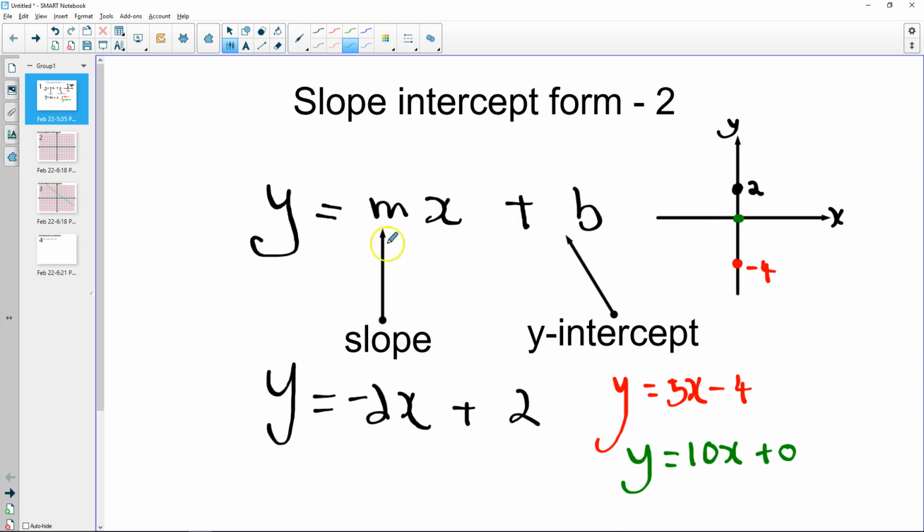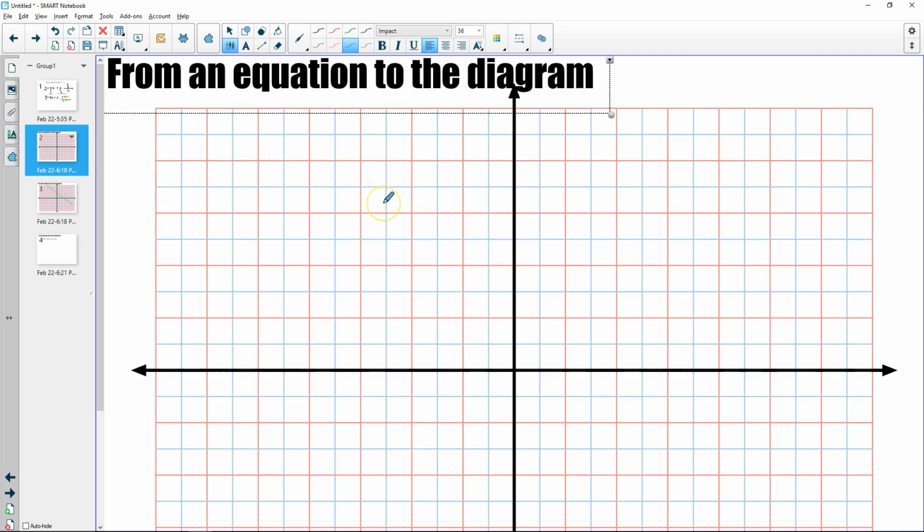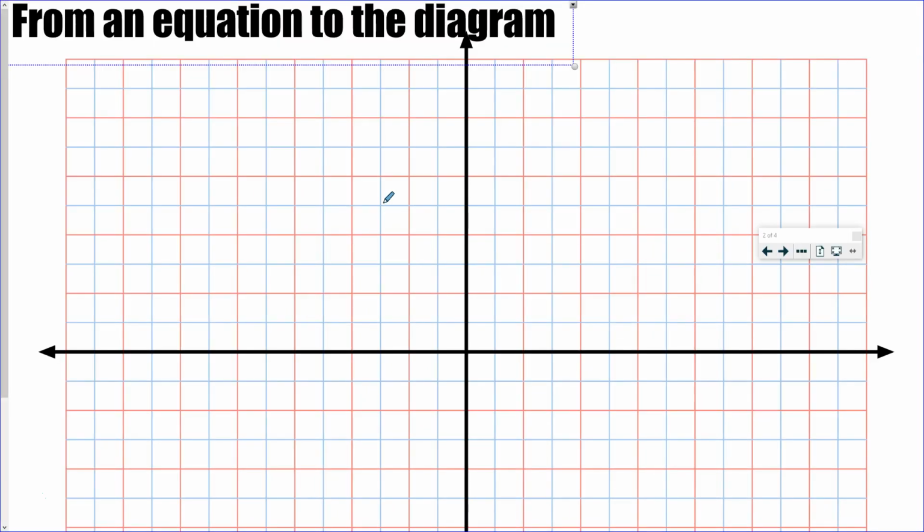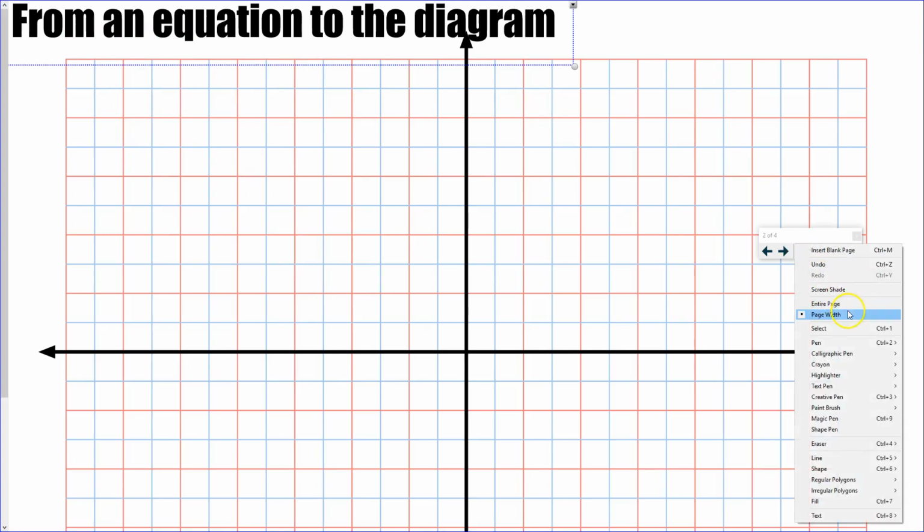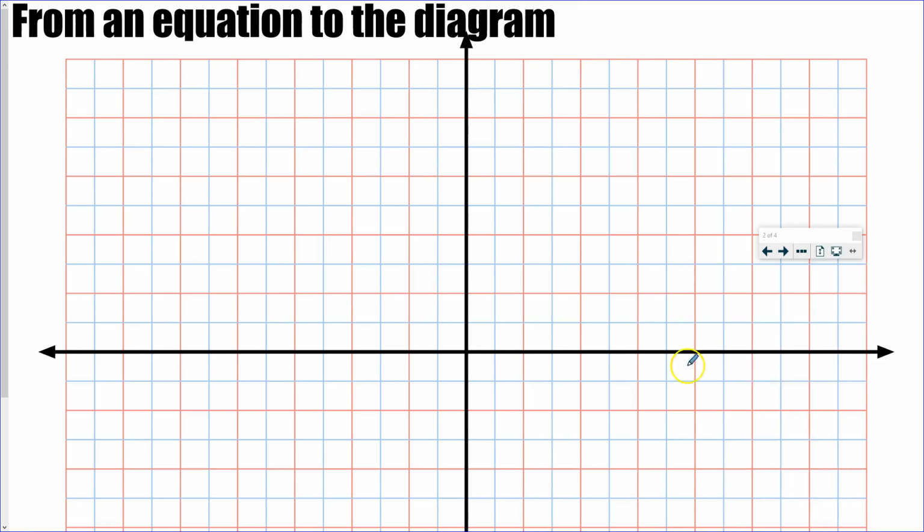Okay, so let's go ahead. For example, I've been talking about how we are going to graph this, going from an equation to the diagram. What I mean by that is, it could be any random equation I can give you. So long as it's in the slope-intercept form, we should be able to graph this without too much problem.